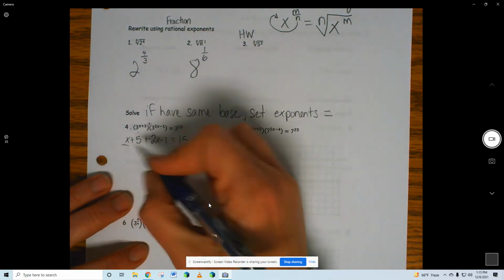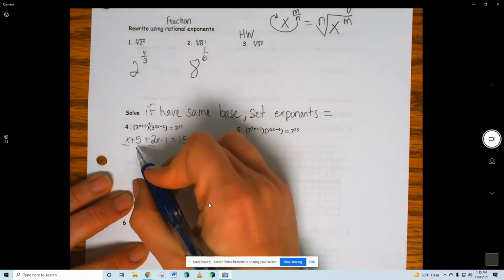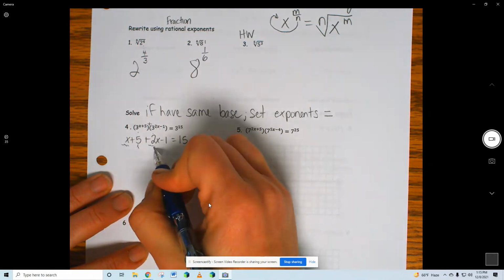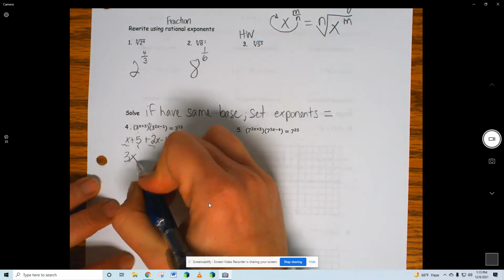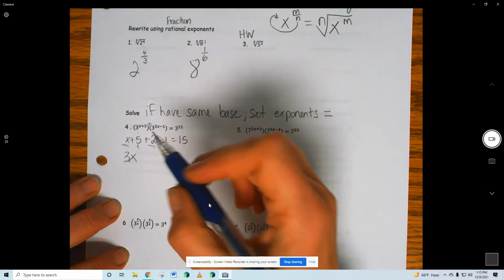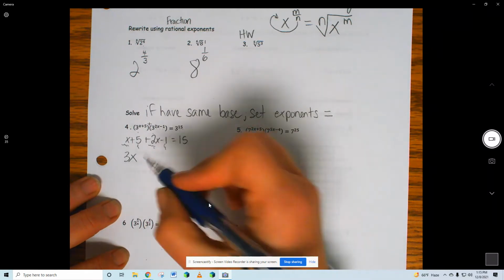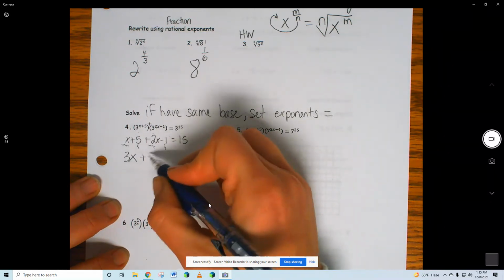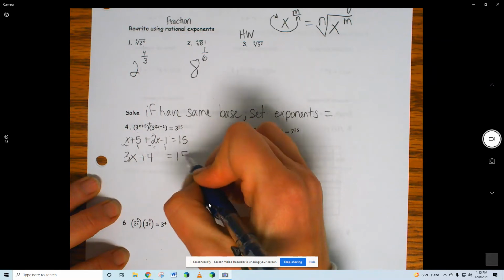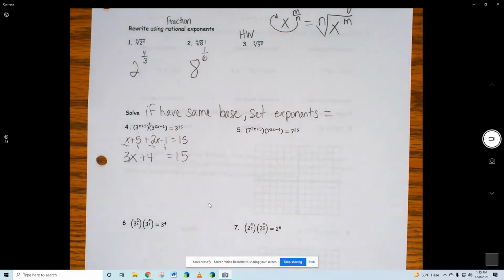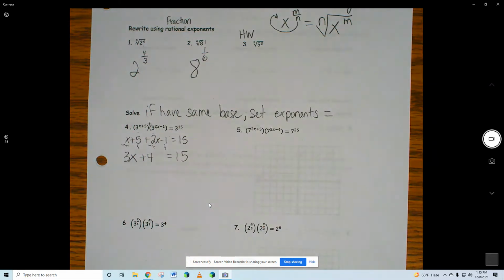This is just solving. Like terms go together. x plus 2x, 3x. 5 minus 1, 4 equals 15. So easy. Just solve for x like a normal linear equation.